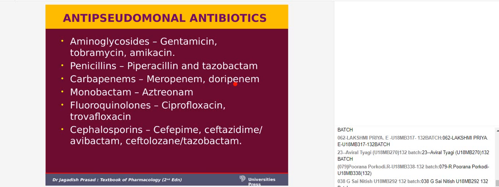Among carbapenems, we have meropenem and doripenem. Among monobactams, we have aztreonam, and among fluoroquinolones, we have ciprofloxacin and levofloxacin. Among cephalosporins, we have cefepime, ceftazidime-avibactam, and ceftolozane-tazobactam. So all these drugs are used as anti-pseudomonal antibiotics.